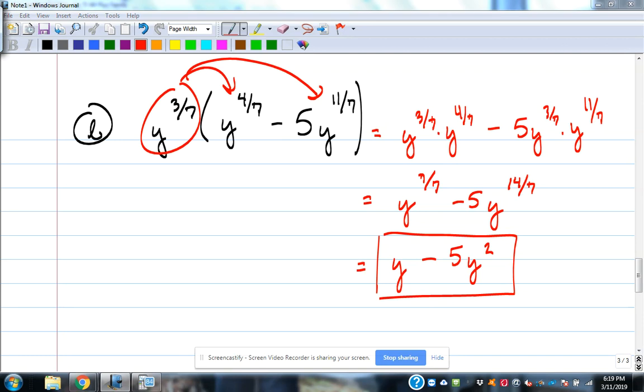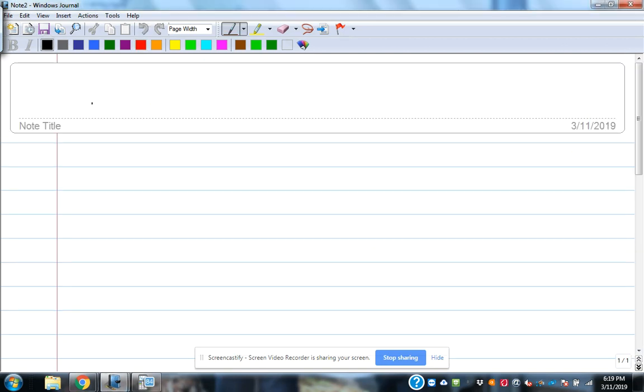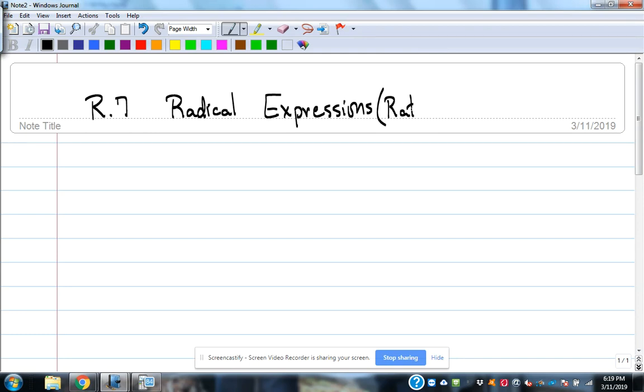So the next section, R7, again deals with exponents, but it's going to put it in the context of a radical expression. What we're going to do, because we're smart like that, is take radical expressions and learn how to express them as rational expressions with exponents. The same thing we just talked about.